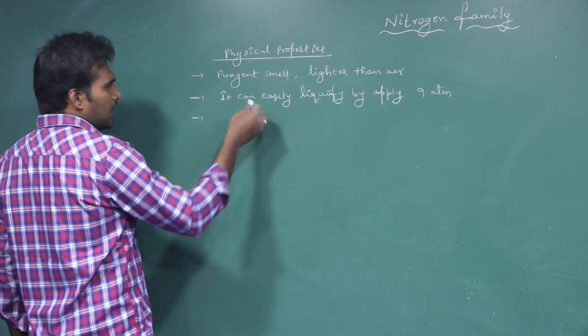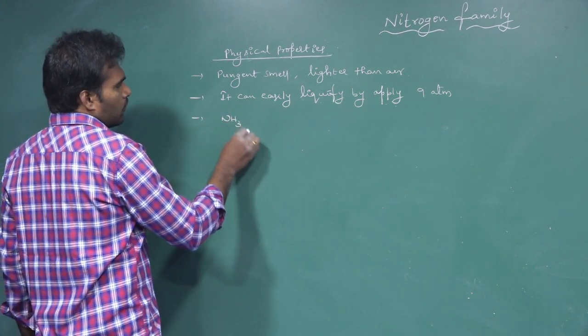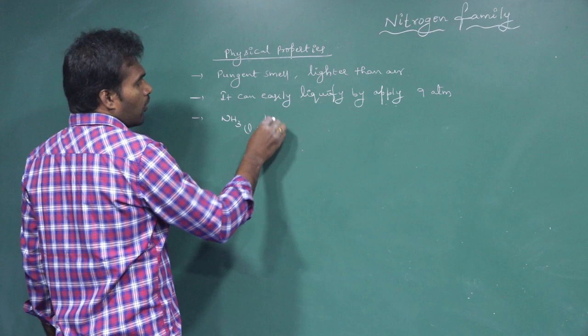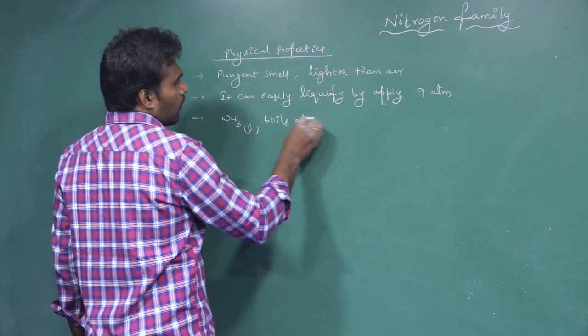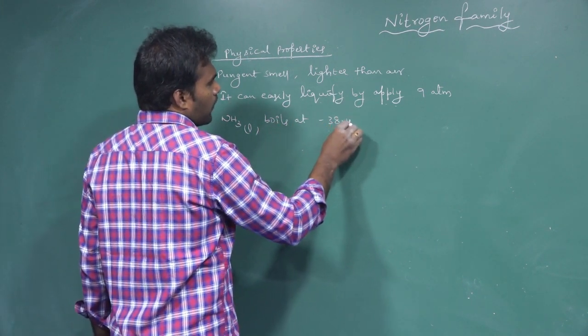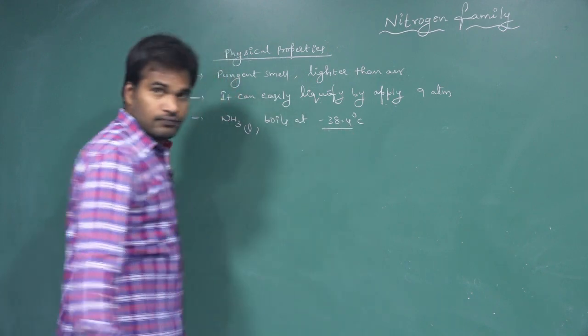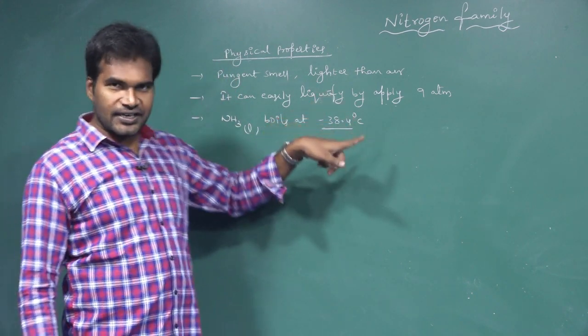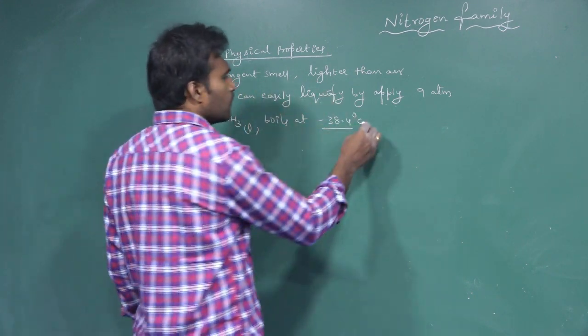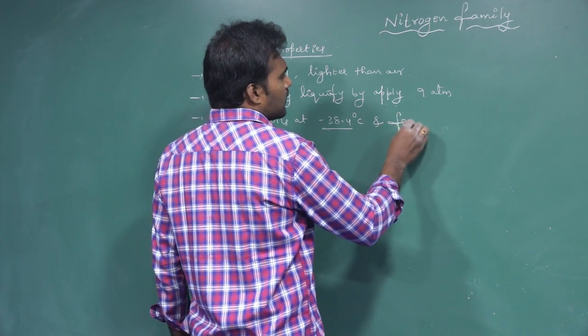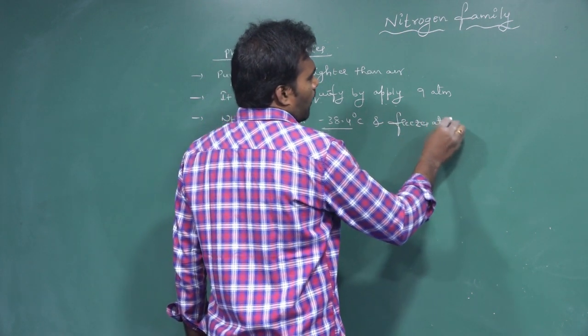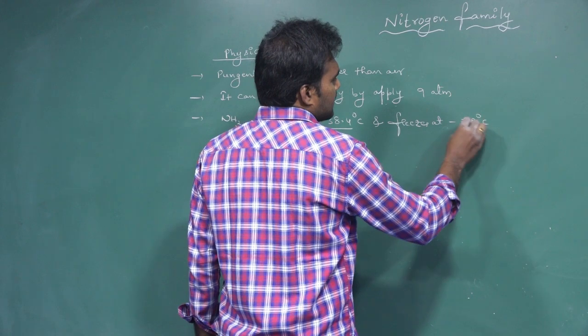And liquid ammonia boils at minus 38.4 degrees Celsius and freezes at minus 77 degrees Celsius.